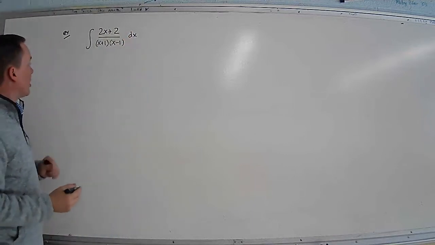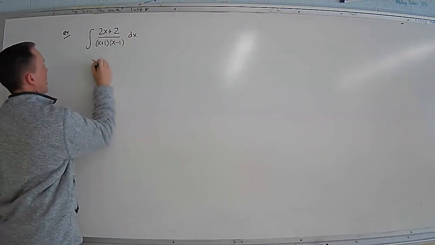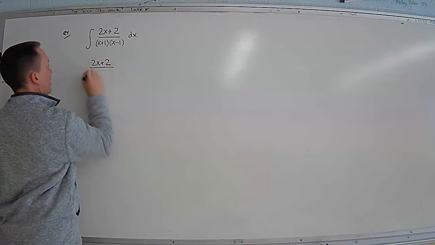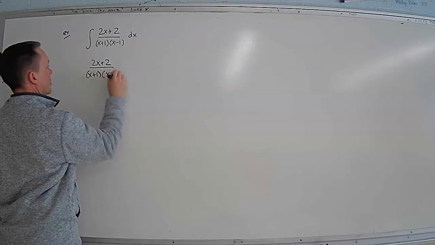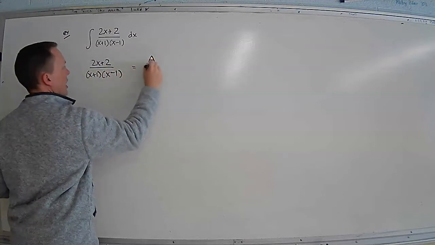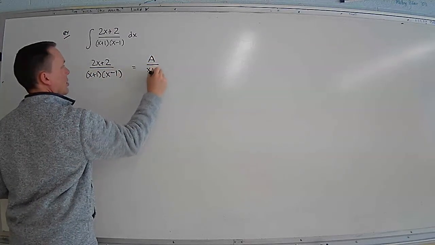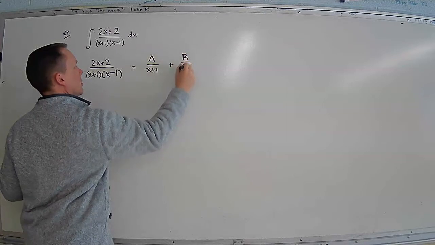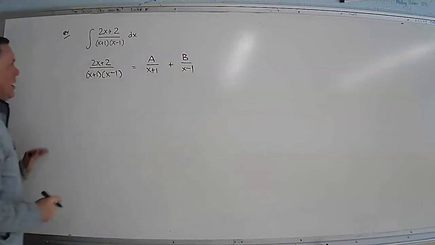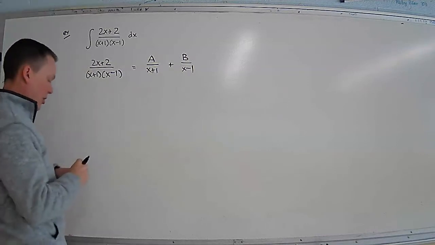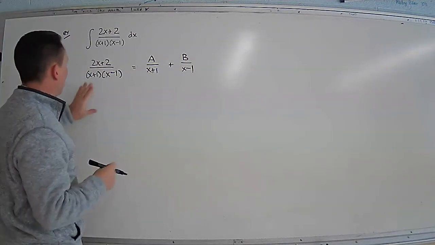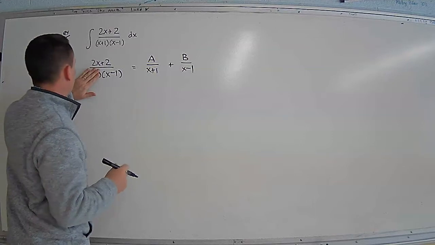The first thing we're going to do is rewrite the integrand into a partial fraction decomposition. Now we have to figure out what A and B are. If we want to use the cover-up method, I'm going to figure out what A is. So negative 1 makes that 0.